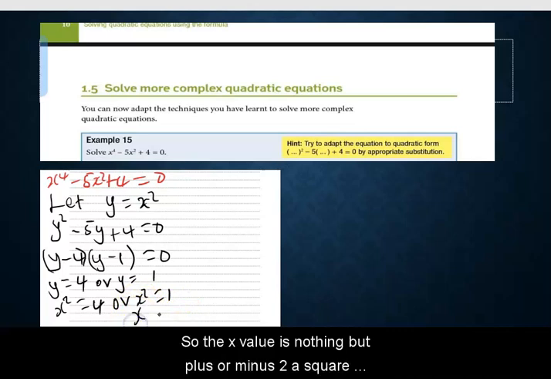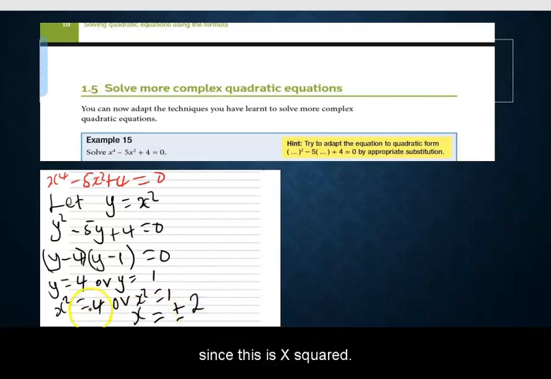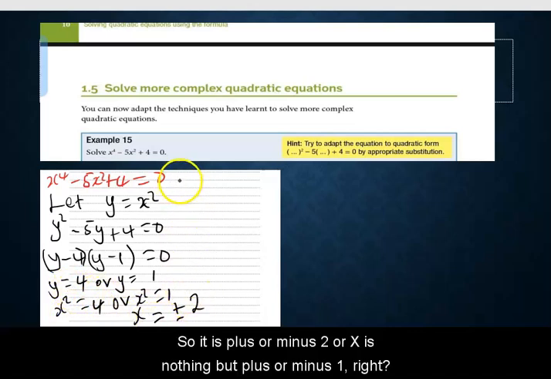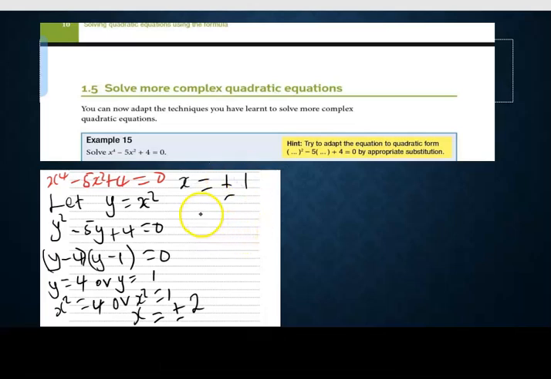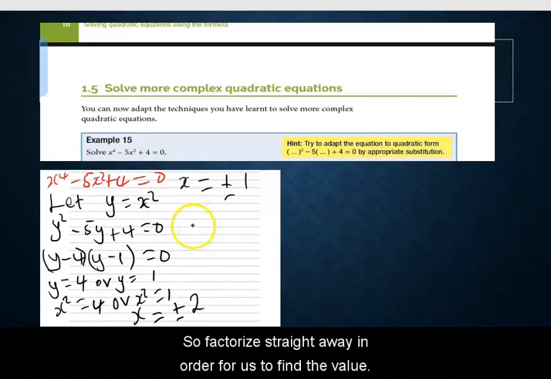So the x value is nothing but plus or minus 2, the square root. Since this is x squared, it is plus or minus 2, or x is nothing but plus or minus 1. Right. So factorize straight away in order for us to find the value.